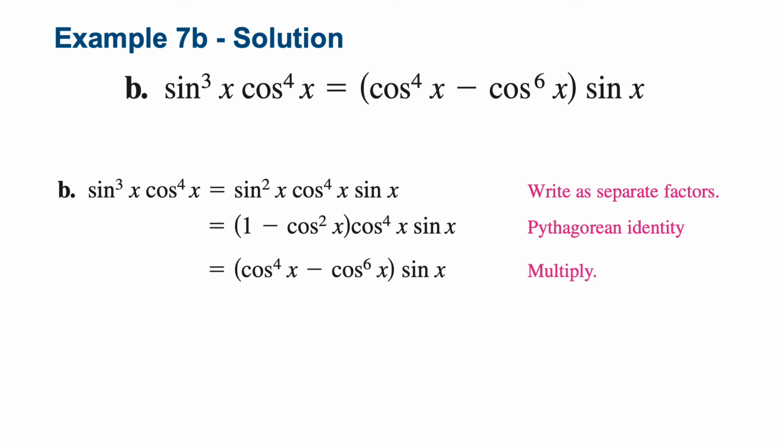If we rewrite it as separate factors, we write sine squared of x times cosine of x to the fourth power times sine of x. We can write that because sine squared times sine equals sine cubed. Next, we can substitute 1 minus cosine squared for sine squared and leave everything else the same. And then if we distribute the cosine to the fourth power, we get cosine to the fourth x minus cosine of x to the sixth power, and that's what we wanted. So that was a really quick one.